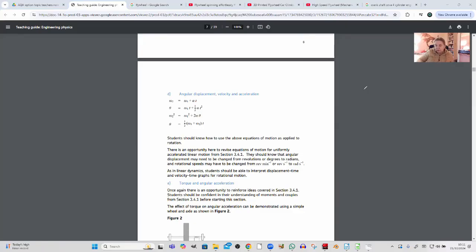If you've been given, say, 250 revolutions per minute, that's not particularly quick.